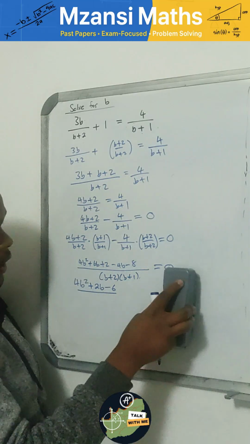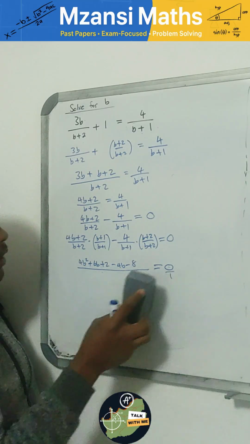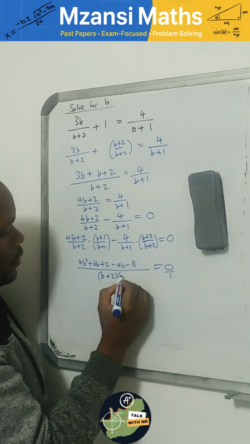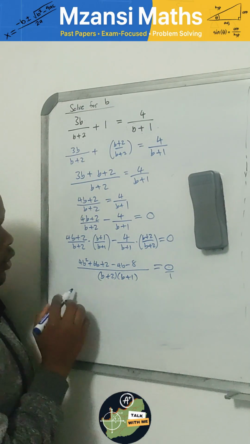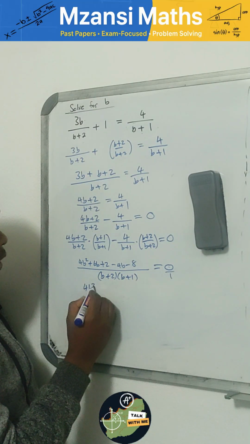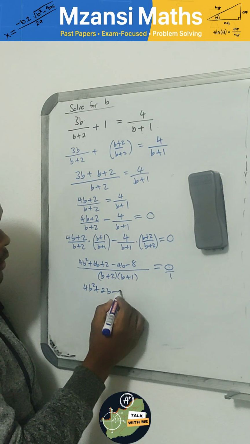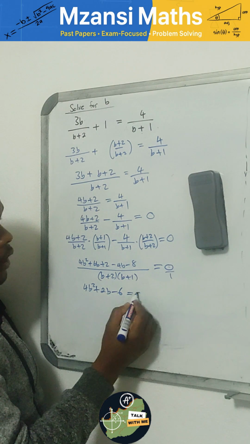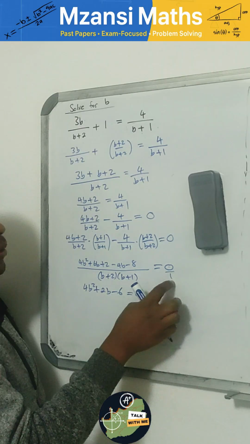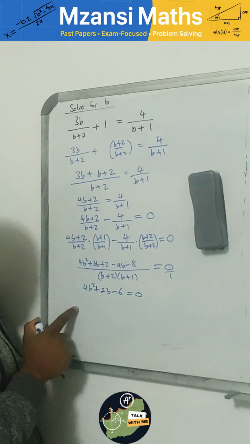So moving from here to there, remember we had 4b squared plus 2b minus 6. We can equate this to 0 because when you take this denominator times 0, you get 0. This denominator times the numerator, you get the numerator. At the end, you will have this, right?